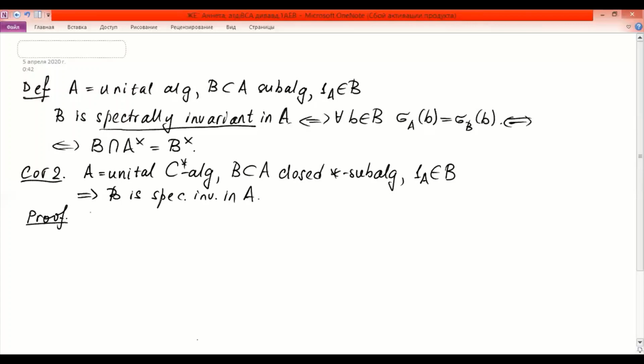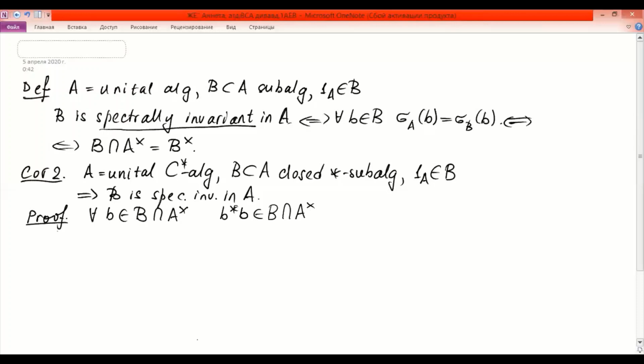Okay, and here is the proof. We take an element little b in the subalgebra B and assume that it is invertible in A. So what we want to do is to show that the inverse element sits in the subalgebra B. Well, first of all, we observe that the element b star b has the same property. So it sits in the subalgebra B and it is invertible in A. Now, this element is self-adjoint.